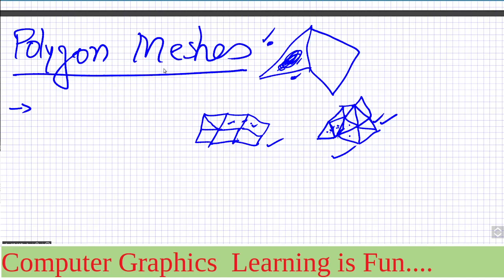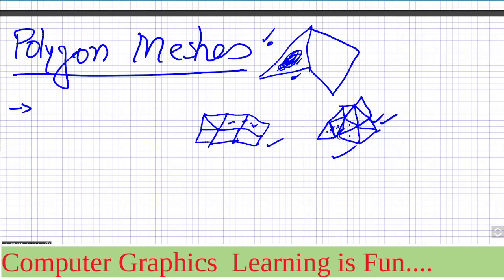We have seen that polygon meshes are meshes of polygons. These polygons may be triangles, maybe quadrilaterals, or other polygons as well.